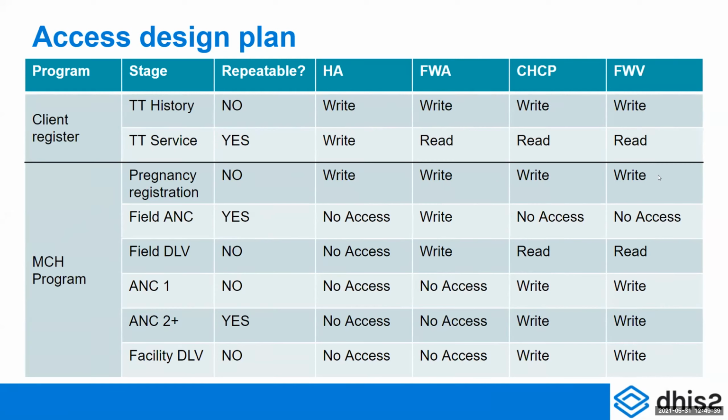All we're doing is asking, when was the date of your last menstrual period? That doesn't need complicated clinical background, and so everybody can put that in. It's not a repeatable stage, because once you're in the MCH program, we are just registering you as pregnant once. If you get pregnant again, it's another instance of the whole program. So within one pregnancy, you will only be registered once.